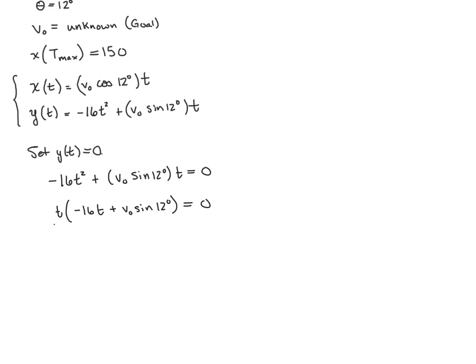Now, this yields t = 0, and t is going to be v naught sine of 12 degrees over 16. We can disregard the t = 0 because that is the time of launch. So this is t max.